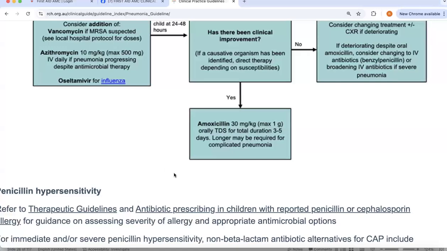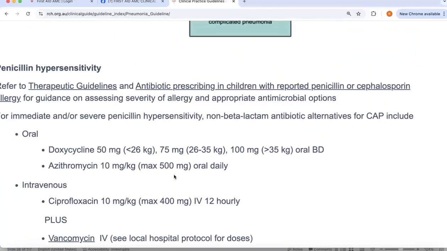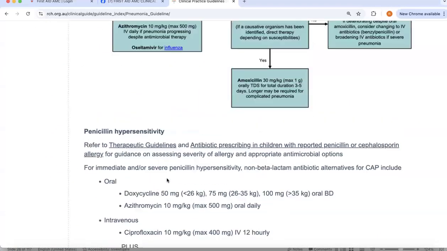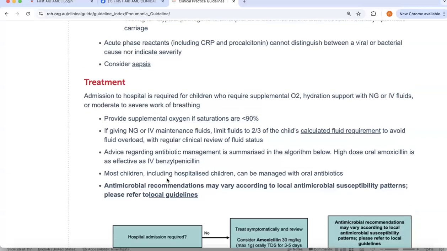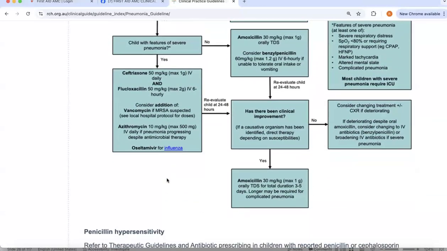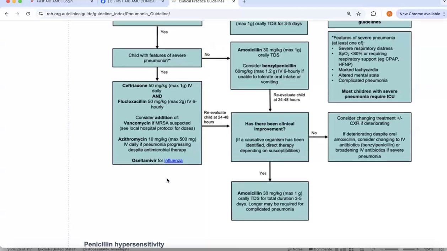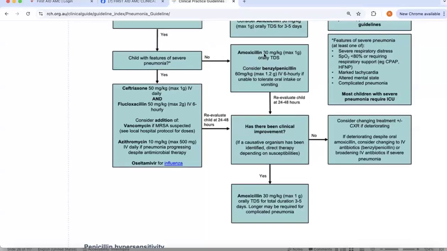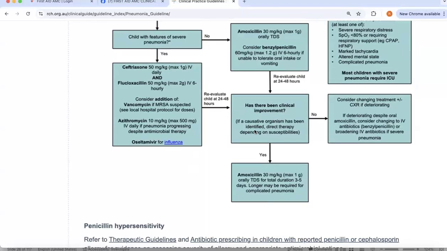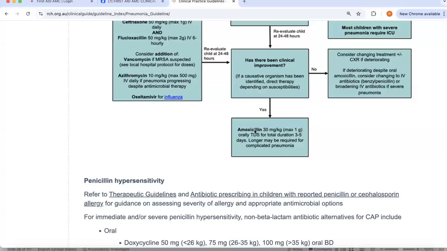Now, another thing is important to understand. If you suspect complicated pneumonia, let's say a patient who you have started with oral antibiotic, suddenly the patient is deteriorating.